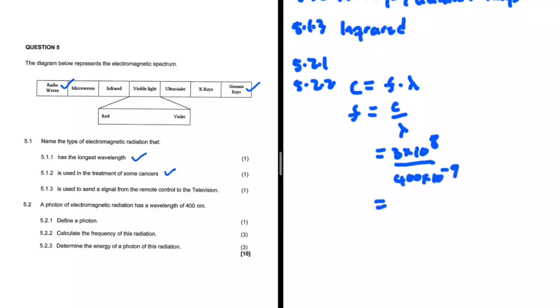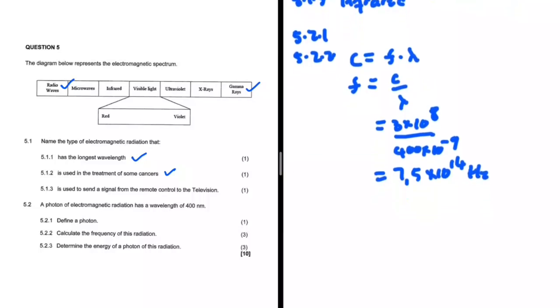So let me just go ahead and put this in my calculator real quick. 400 nanometers. I'm getting 7.5 times 10 to the power 14 hertz as our frequency. So there we go, 5.2.2.